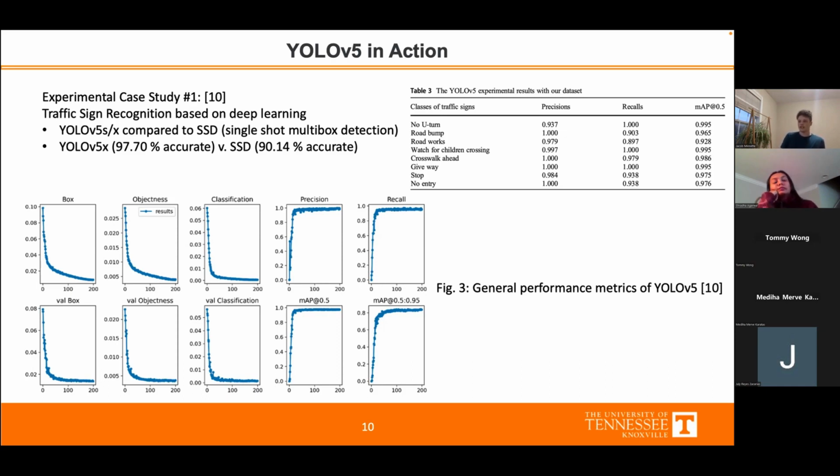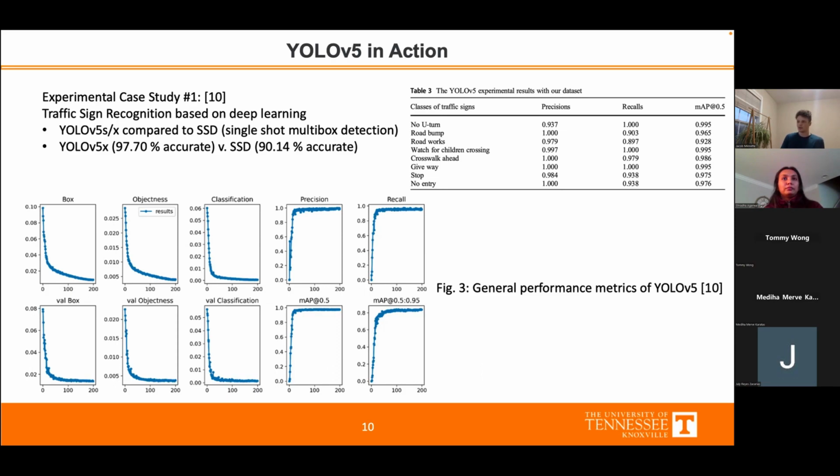In the study, they compared both YOLO V5S, or small, and YOLO V5 extra large, and they compared them to SSD, which is a separate algorithm, single shot multi-box detection, in order to see which algorithm would be superior for autonomous driving applications.